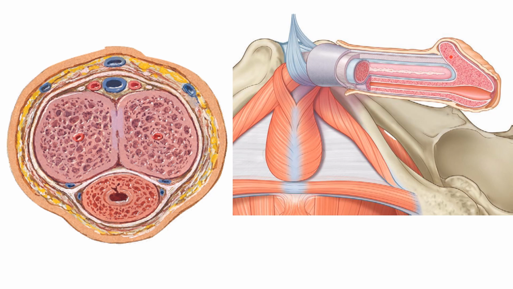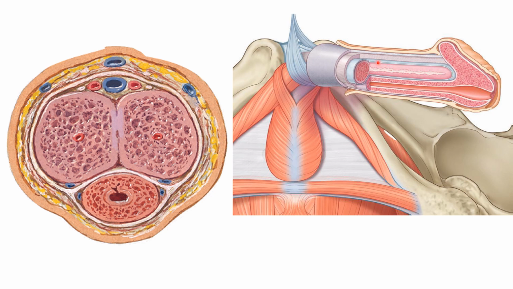So you can look at this particular diagram. This is the corpus spongiosum and this is the corpus cavernosum. Covering the corpus cavernosum and spongiosum, there is a fibrous layer. So anteriorly, the fascia penis extends up to this neck region, and there it blends with the fibrous sheath of corpora cavernosa and corpus spongiosum.